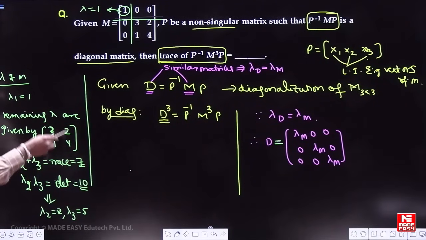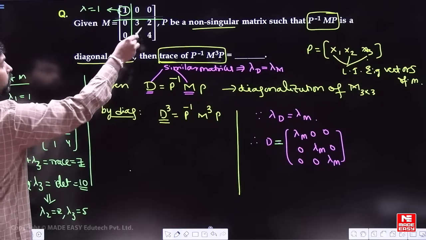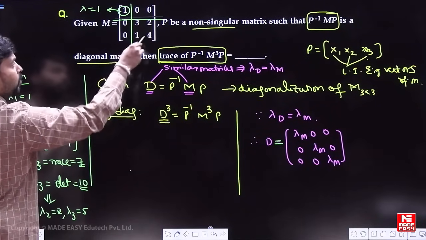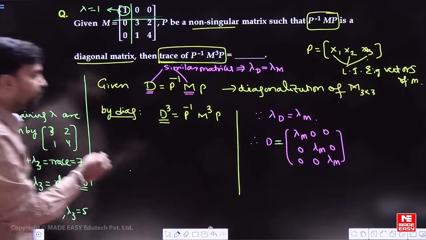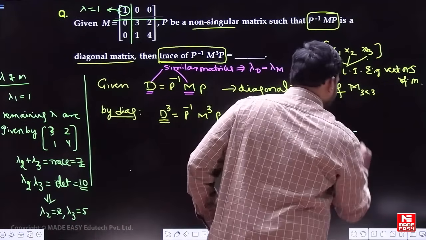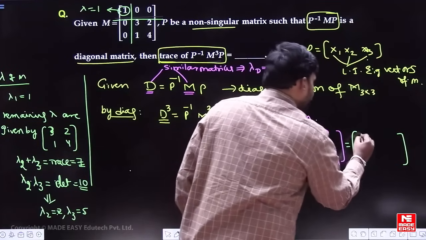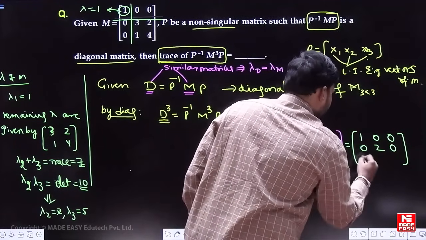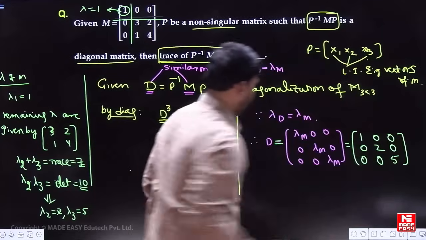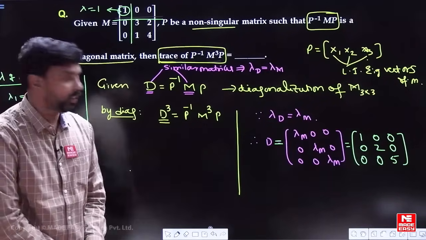So the eigenvalues of this diagonal block matrix are nothing but 2 and 5. Therefore, I can say D is going to be, the eigenvalues of M being 1, 2, 5, the diagonal matrix 1, 0, 0, 0, 2, 0, 0, 0, 5. So this is the diagonalization of the given square matrix here.